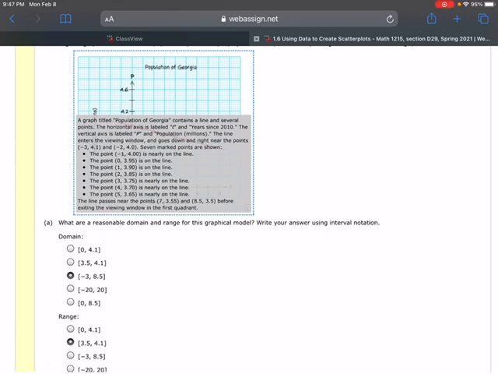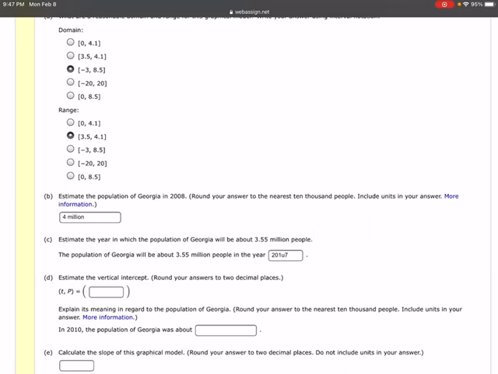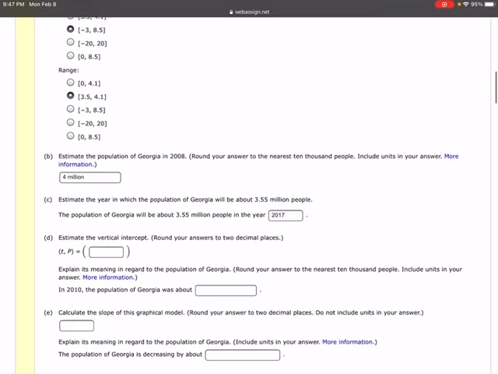Look at close to the last point, 7 comma 3.55. So that means in 2007. Okay, no, it's not 2007. It's since 2010, so 7 more years is 2017. All right, 2017.